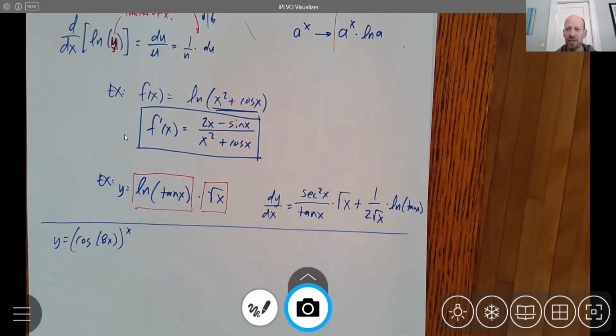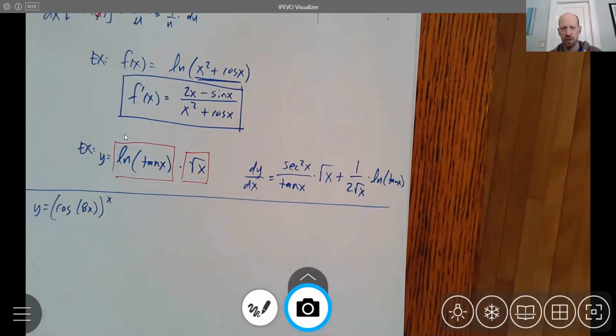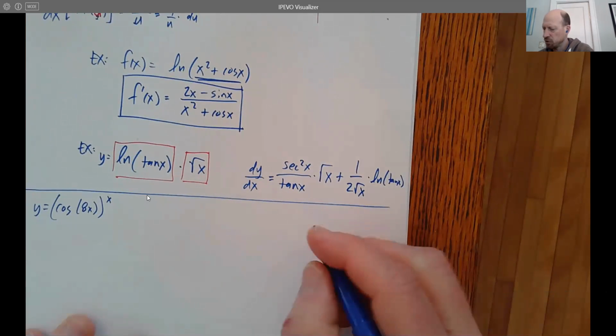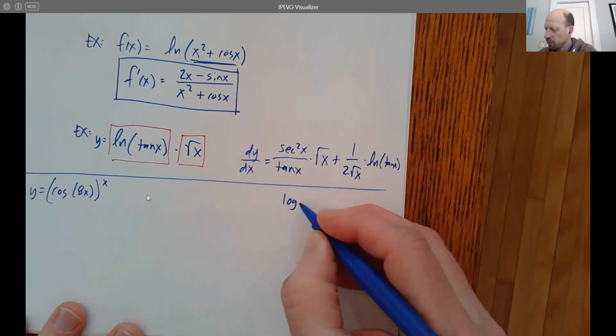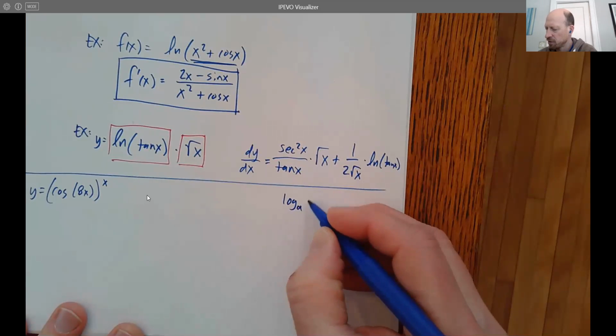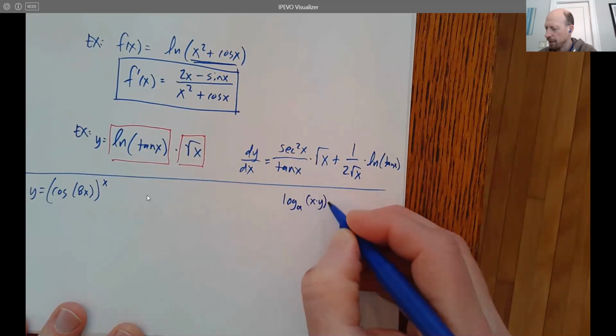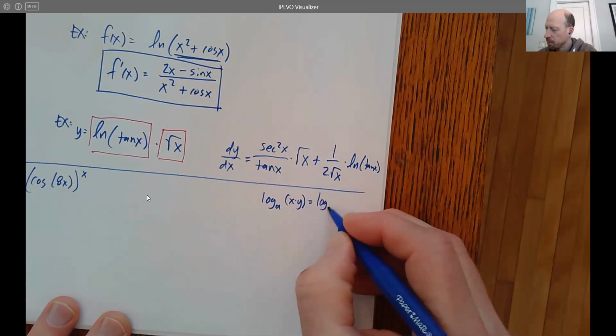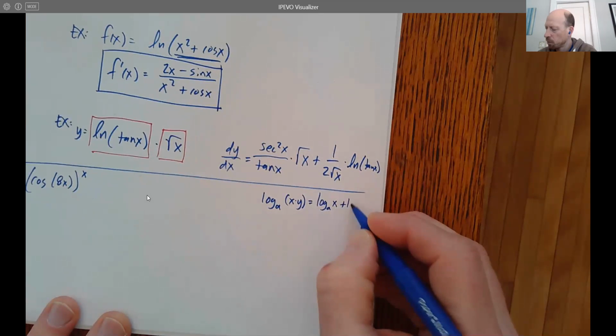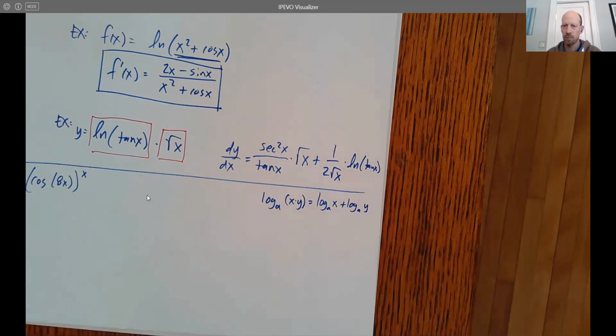The reason is that logarithms have some very nice properties when coupled with derivatives. And let me just remind you of those from college algebra. The logarithm, it doesn't matter what the base is, of x times y is the logarithm base a of x plus the log base a of y.